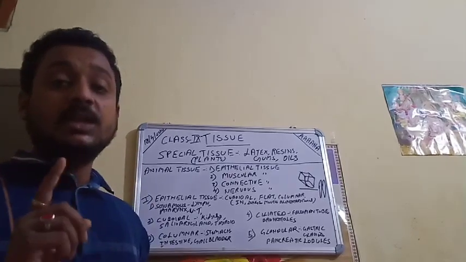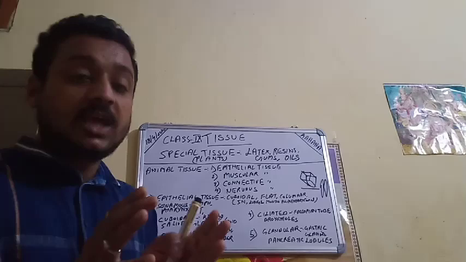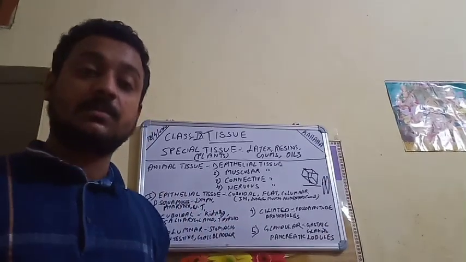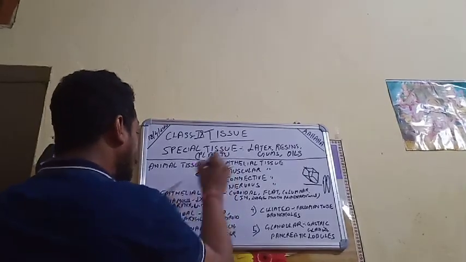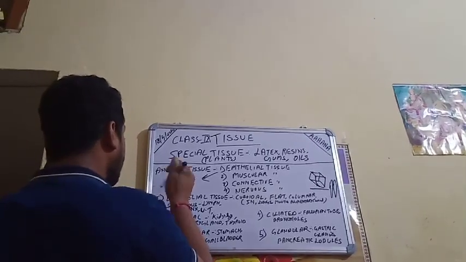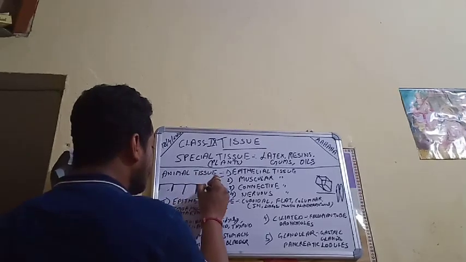Now, these epithelial tissues have a linking structure. Linking structure means they have no intercellular spaces, and they are well connected amongst each other. Directly they are connected, like this, without any intercellular spaces.